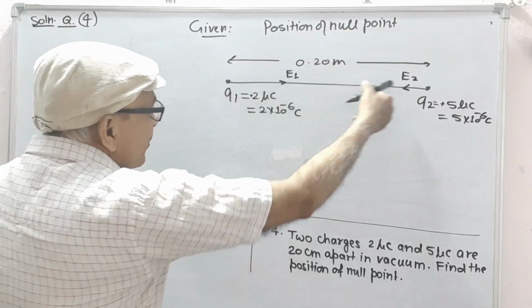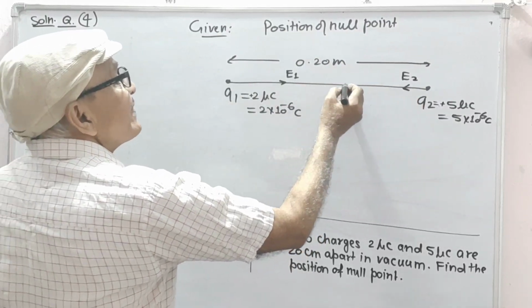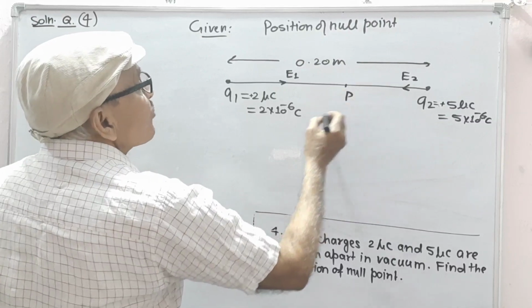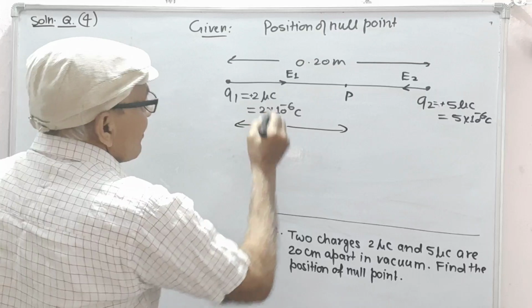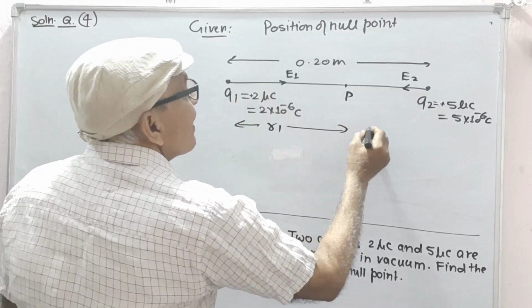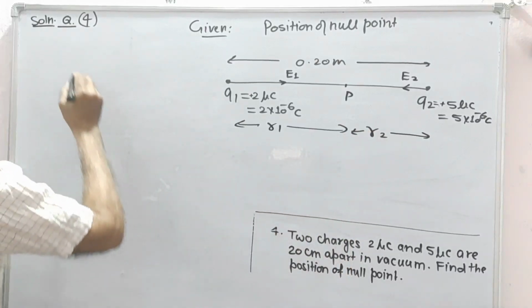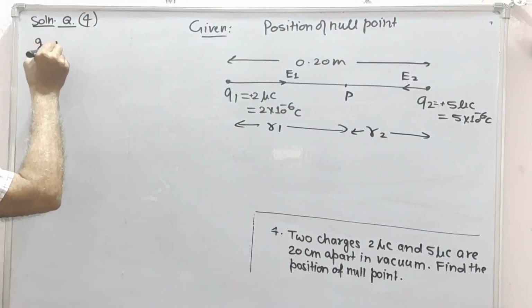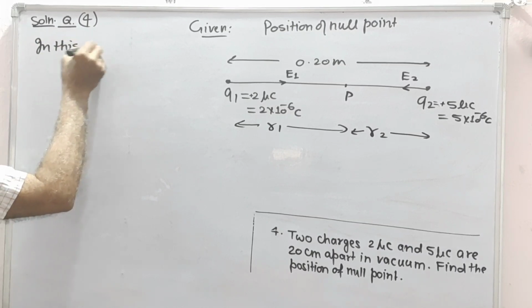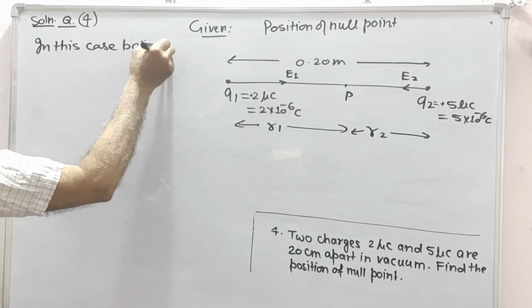So, the neutral point will be between these two charges. Suppose P is the neutral point at distance R1 from Q1 and R2 from Q2. In this case, both charges are positive.